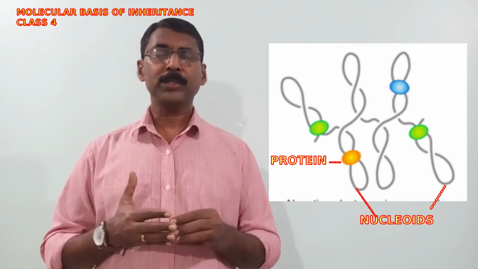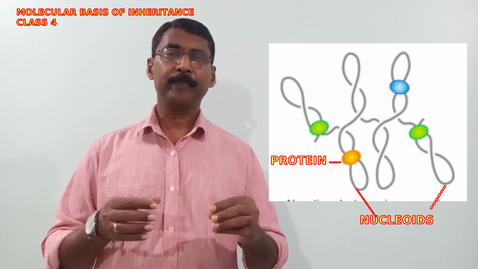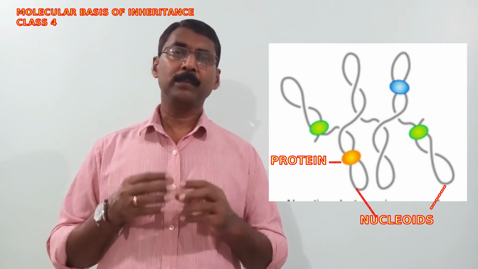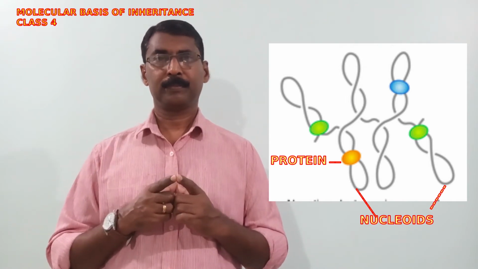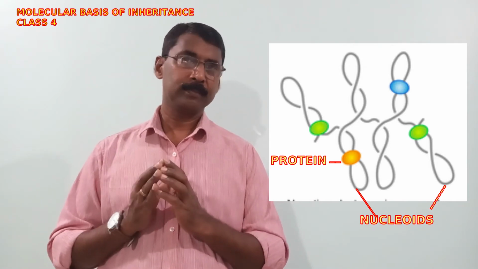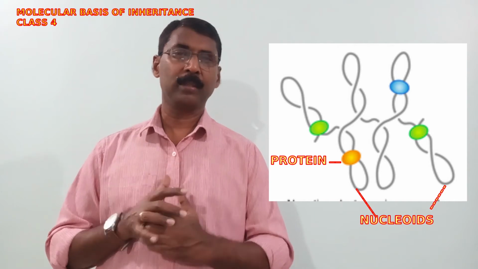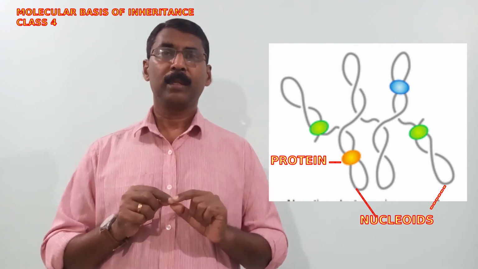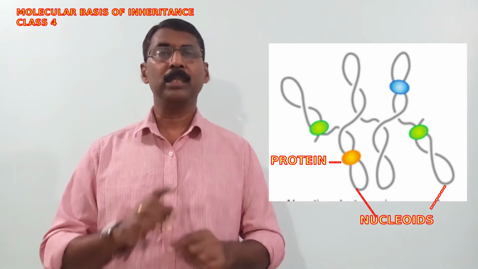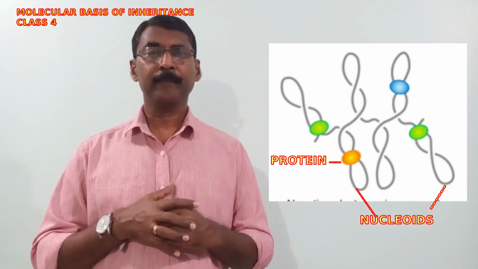And in prokaryotes, this DNA becomes helical coils. DNA itself is helically coiled, the ladder-like structure we have already seen. But a long DNA molecule becomes helical coils, as you can see in the picture here.